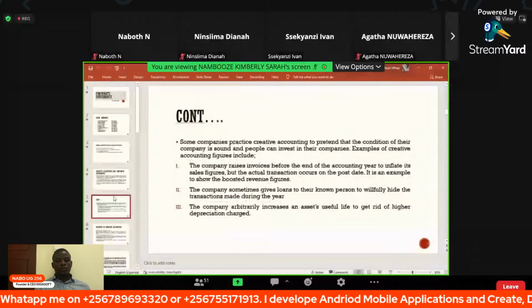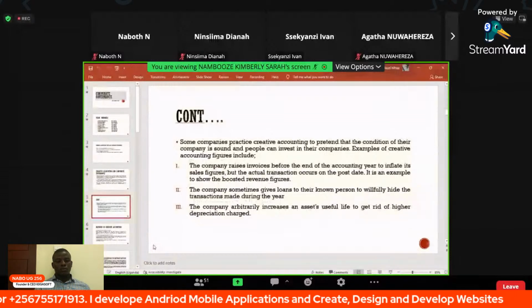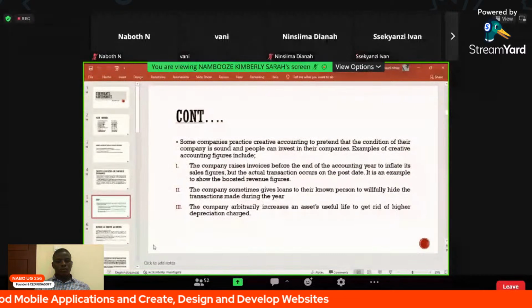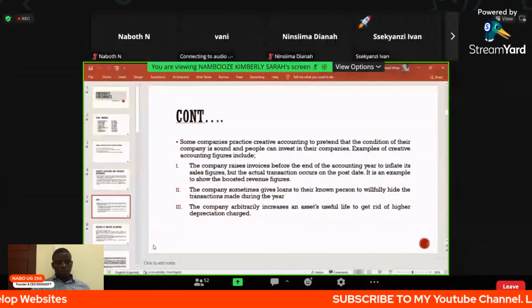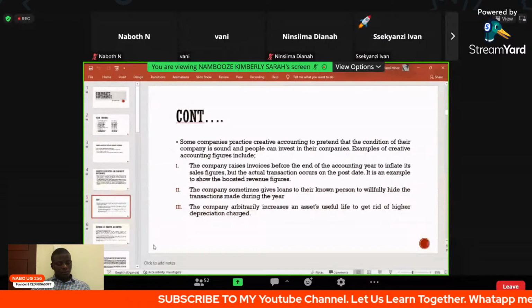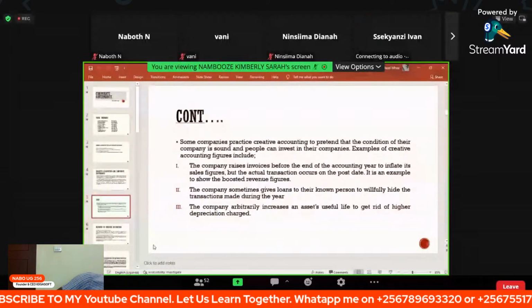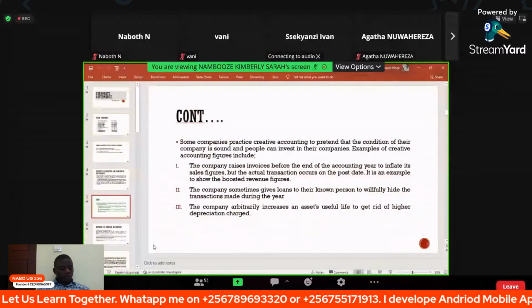And we are seeing most companies practice creative accounting to pretend that the condition of their company is sound. They want to show that their companies are doing well, when in actual sense sometimes they are not. We can see the example whereby the company gives loans to an unknown person in order to willfully hide the transactions made during the year.